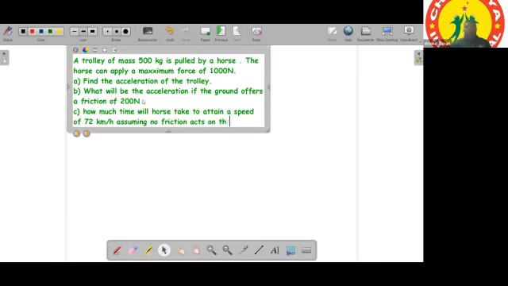So find this C part now. How much time will horse take to attain a speed of 72 km per hour, assuming no friction acts on the trolley?